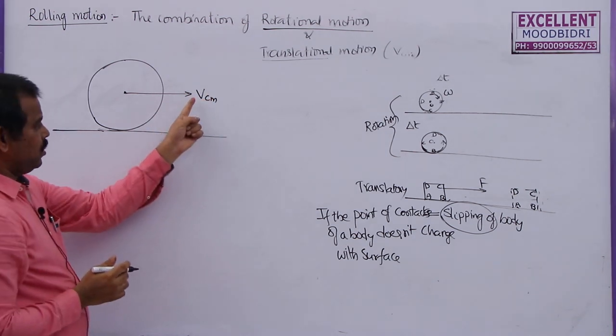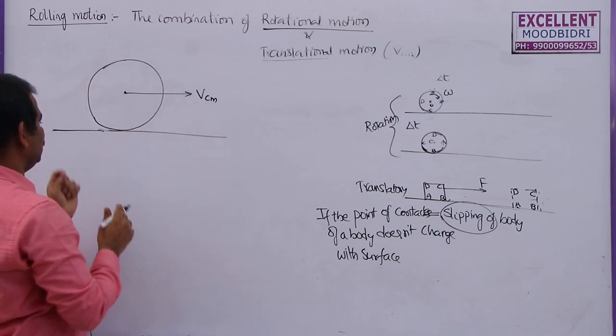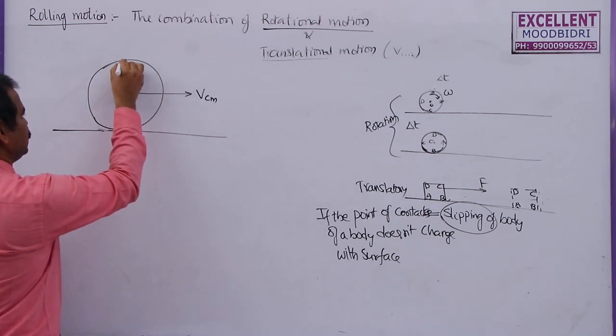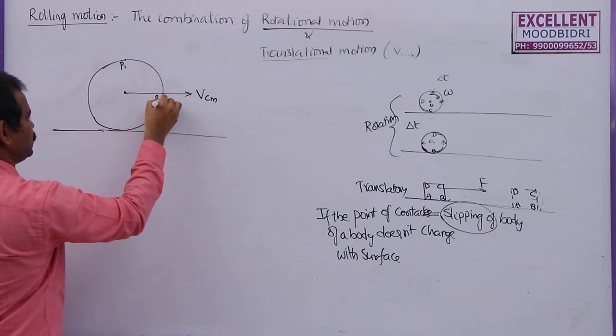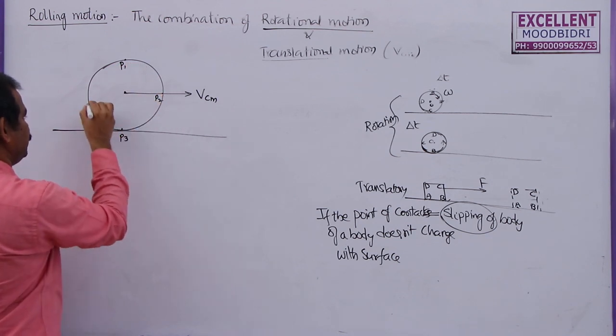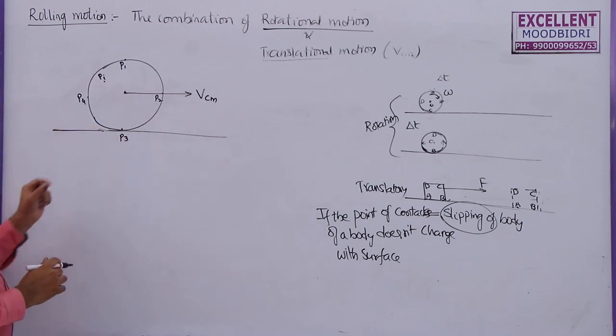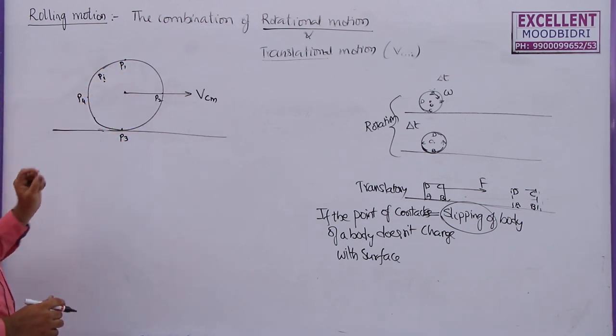So here VCM is the velocity of center of mass of this disc. Now let me consider some points here. This is P1, P2, P3, P4, and this is Pi, that is a point inside the disc.